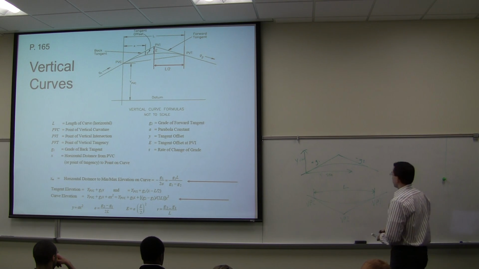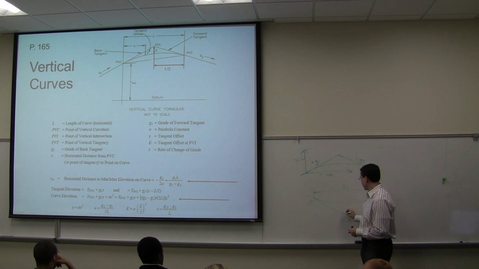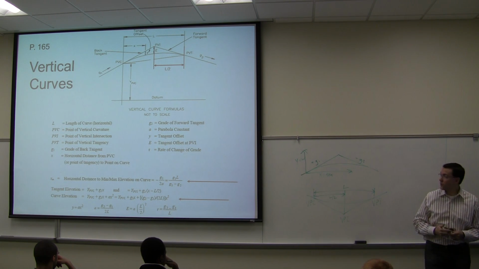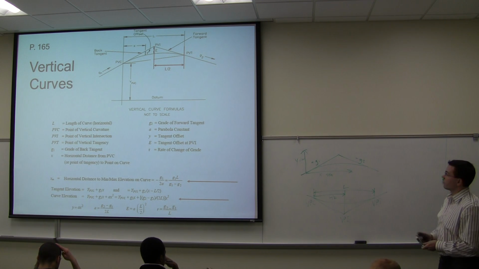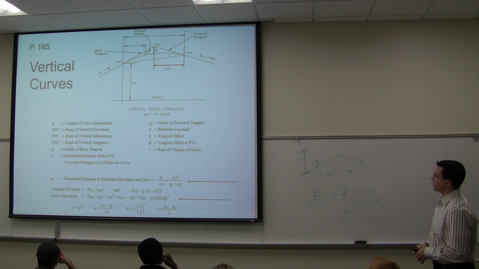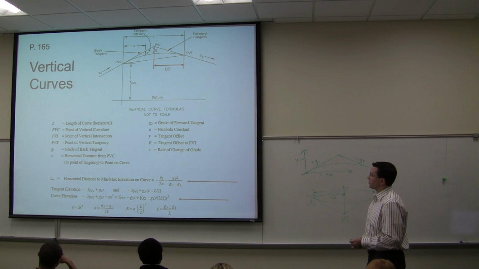It's safe to assume that all the curves you're going to see, and all the curves we had in transportation, that the distance from the VPC to the VPI is going to be L over 2. So we call this an equal tangent vertical curve, and that's what I've drawn. This is my drawing. I've shown in here L over 2. They don't give you that in the calculation, but in 98% of the calculations, you can assume that it's L over 2.